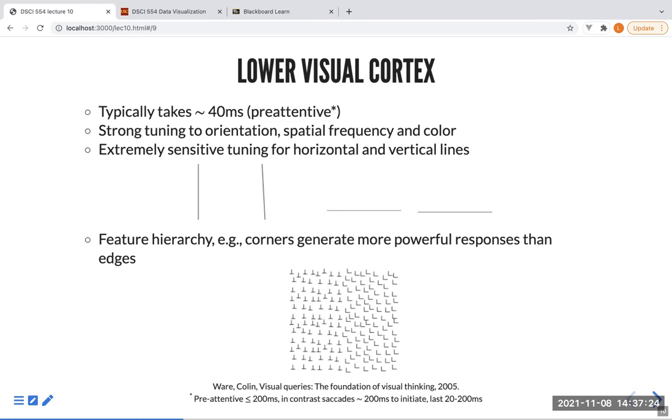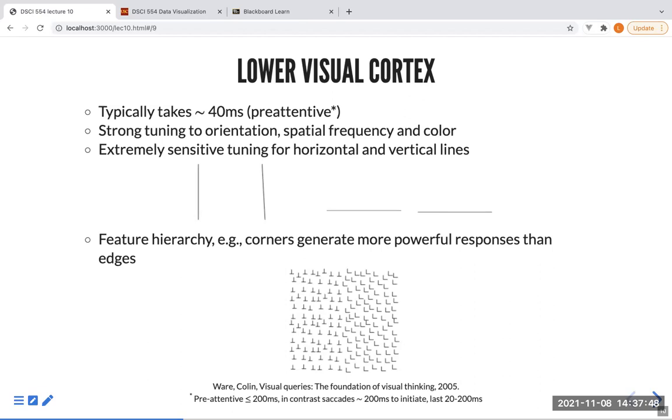Obviously, pre-attentive means that there is this notion that we have discussed of feature hierarchy. And here you see typical examples where some pattern is better at being seen than a different one.